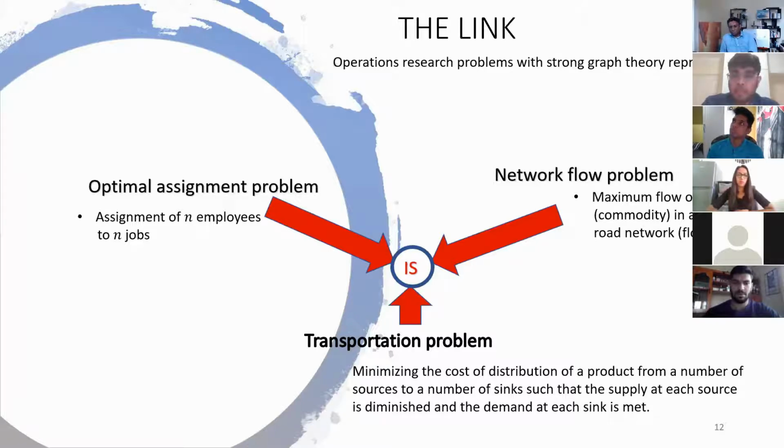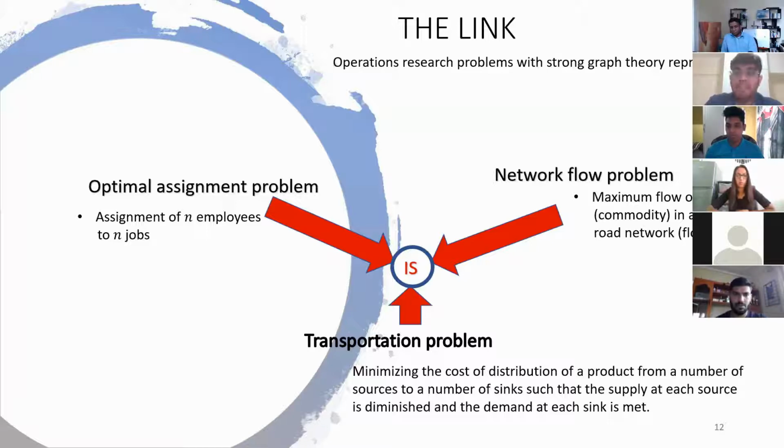A flow graph is a graph that is made up of directed edges, and you have a source and a sink node. Each directed edge, or arc, has a flow value and a capacity.